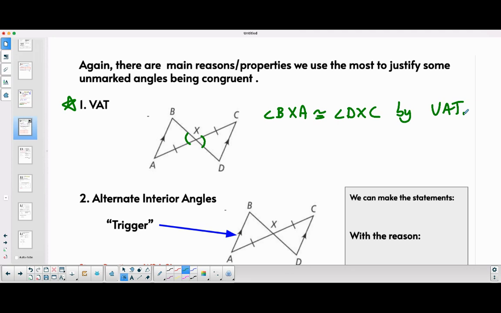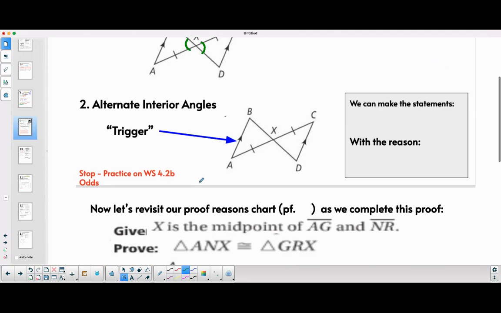Okay. Another one is alternate interior. Okay. In order to be able to use that one, we need to know that the lines are parallel. Okay, the trigger for this one is parallel lines. Okay, so once we have that these are parallel, that's what these arrows mean.